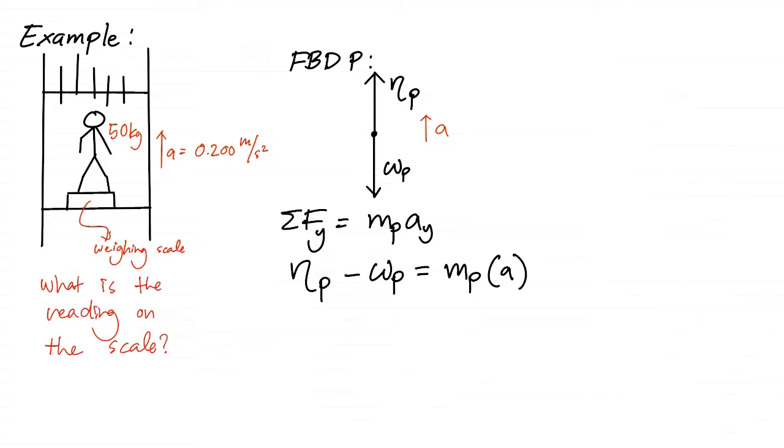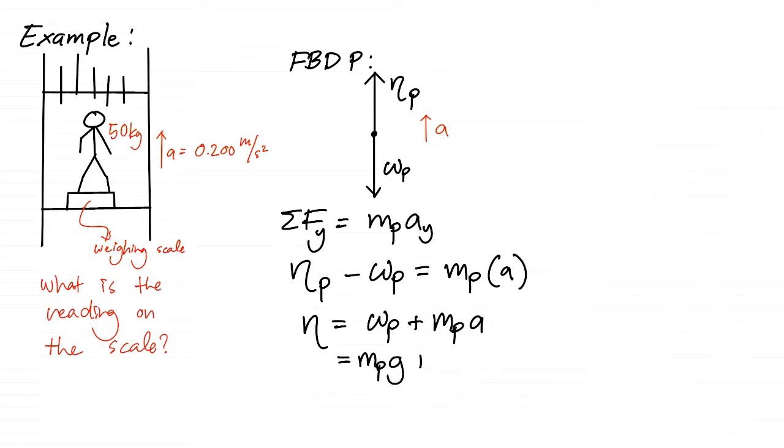So to make this simpler, ilipat natin itong weight ng P to the other side. So normal force, weight P, naging positive na siya kasi lumipat siya sa other side ng equation. And then we have the rest of the equation here. Now remember, the weight of an object is equal to its mass times the acceleration due to gravity. So we can rewrite this as mP times g, no?